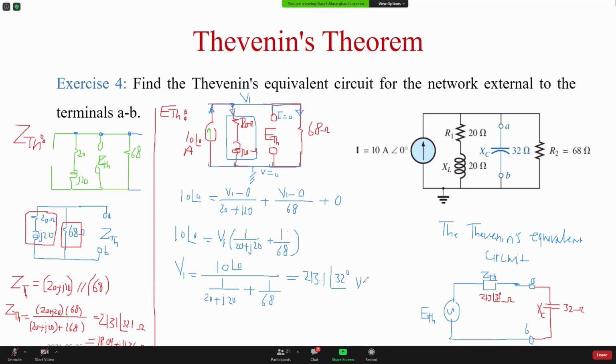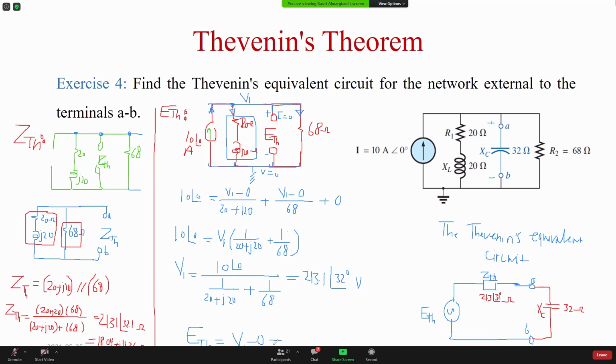Now Thevenin is the voltage between here and here. Okay, it's the voltage between this point and this point. The voltage at the top is V1, so Thevenin is the difference between the voltage at A and B. V at A is V1. And at B here is the ground, is the 0.